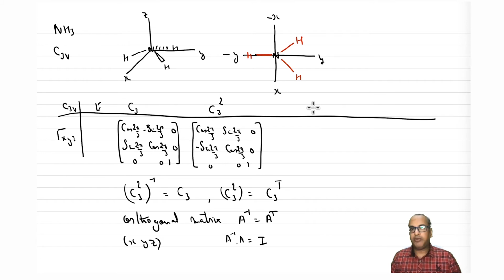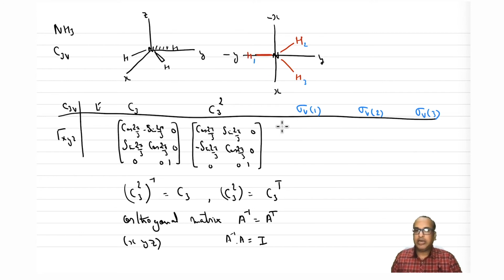Now let us write for sigma. So again, writing for sigma is easy for sigma v1. We have sigma v1, sigma v2, and sigma v3, right? So let us see one by one how to write for different sigmas. So for sigma v1, we know that it is lying along the yz plane, right? We can see that here.